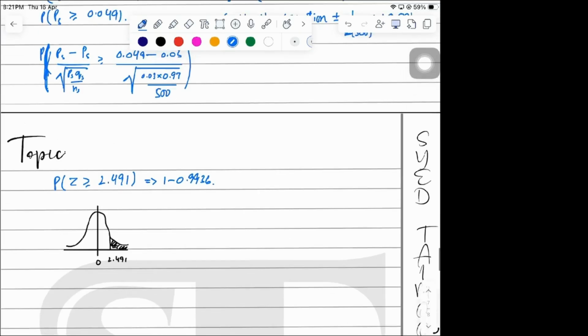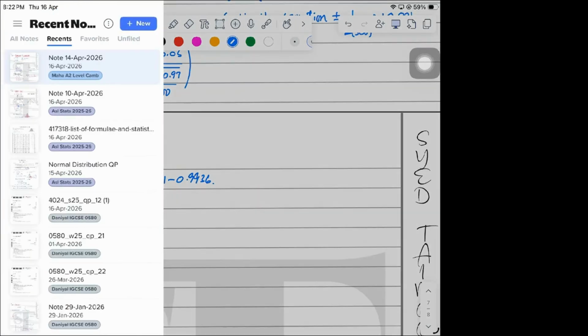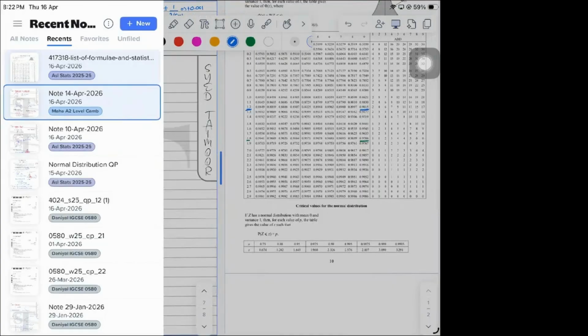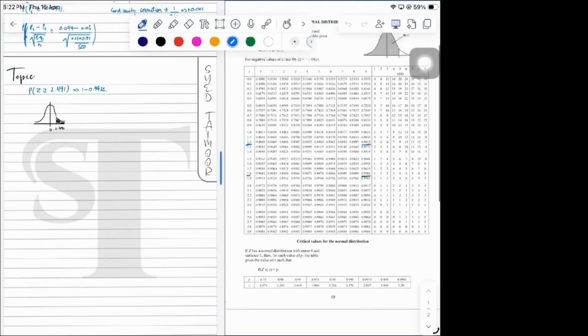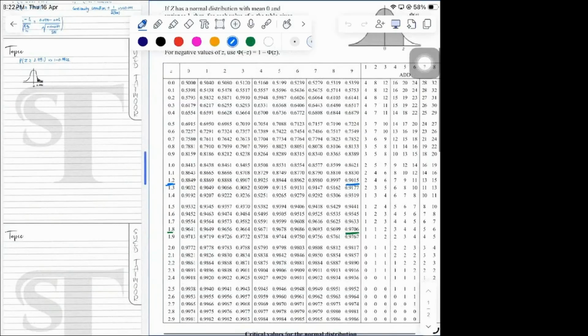Have you seen the mean difference as well? 2.49 and mean difference 1. What does that mean? Like from the table directly we cannot figure out the complete value. 2.491, so 2.49 is over here and mean difference 1 is 0.